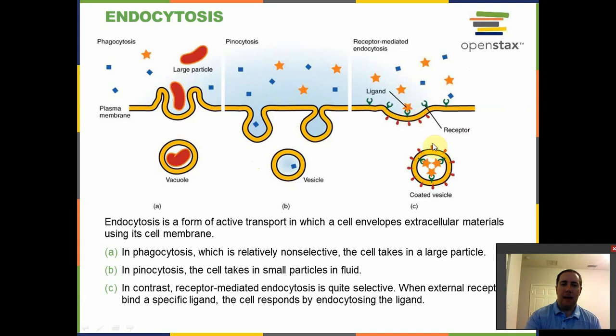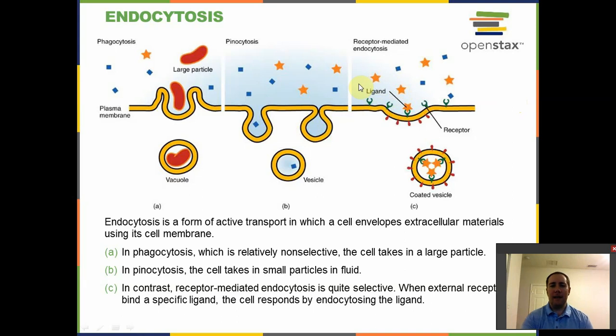Receptor-mediated endocytosis is more specific. Here we have one of those receptors. A receptor is a protein that sits on the plasma membrane waiting for something very, very specific to come in and stick to it. And different receptors behave differently when their specific thing sticks to it. That specific thing is a term. It is called a ligand.